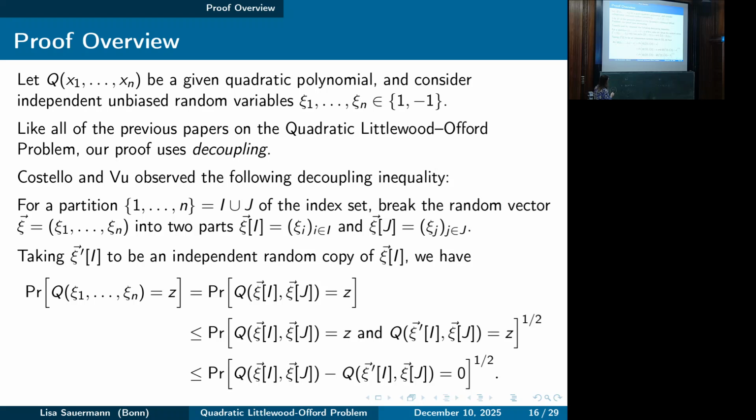The probability that this is z is at most the probability that this is z, and it's also z if we plug in the other copy of the I vector. So both of these happen, for the psi I vector and for the psi prime I vector, this independent copy of psi I, and that probability is raised to the 1/2. That's an upper bound on the probability that just the first thing happens.